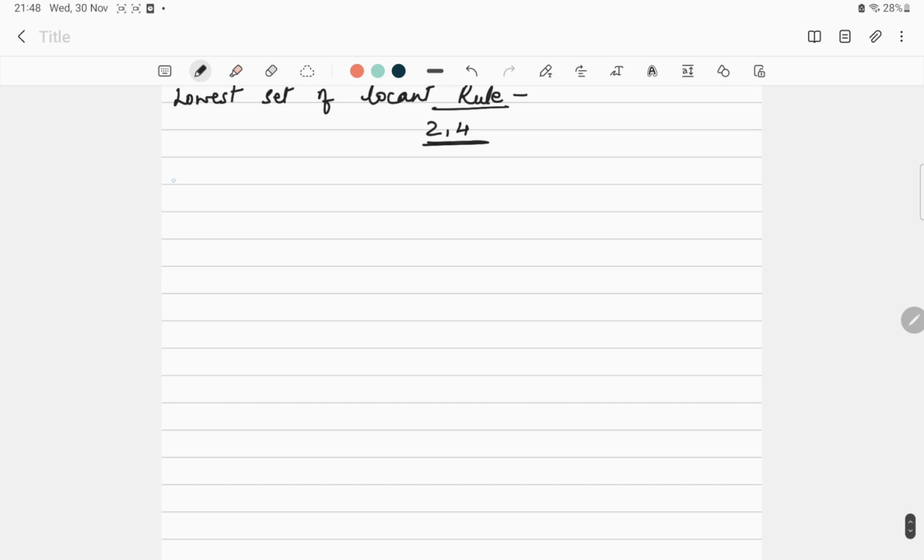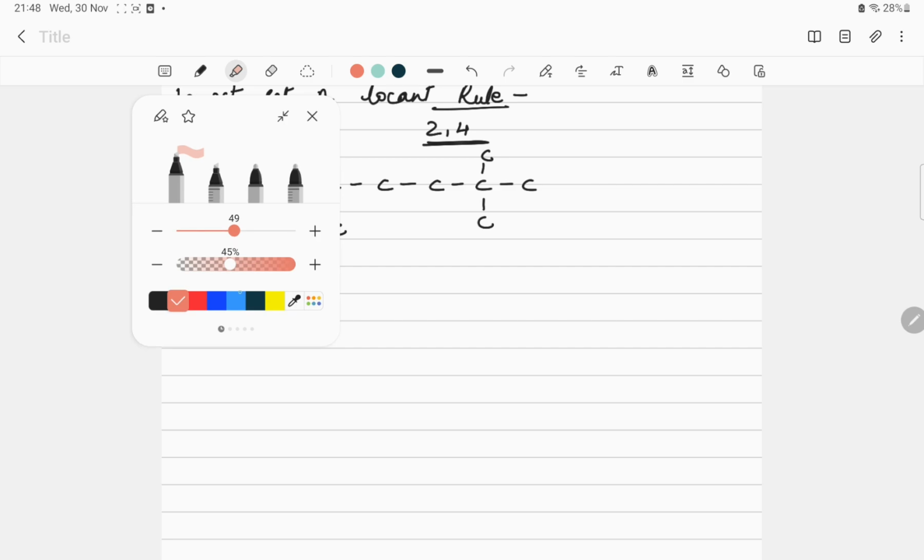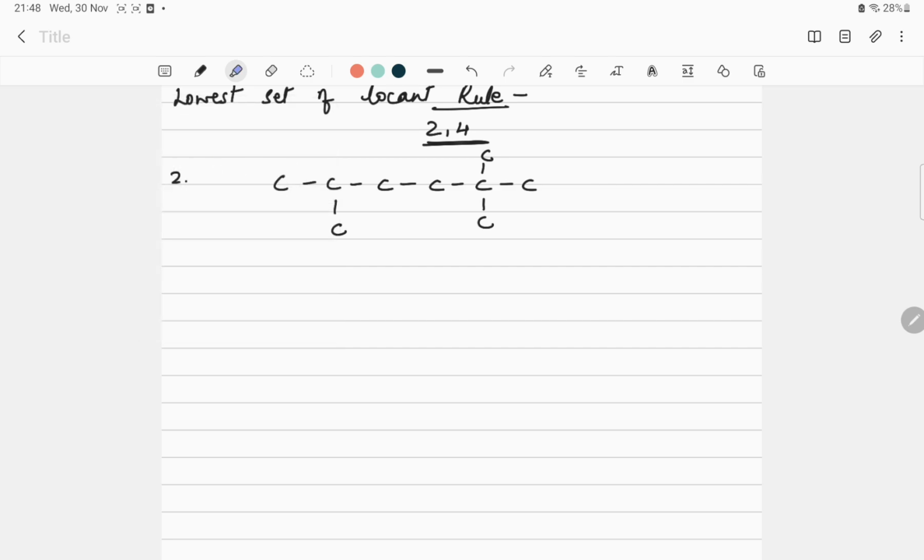Let's do another example. Say we have 1 2 3 4 5 6. So this is the compound: one methyl here, another methyl here, one more methyl here. Now the question is, what is the parent chain here? If we identify it, the parent chain is like this. Now what about the substituents?